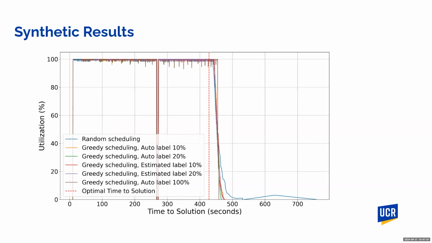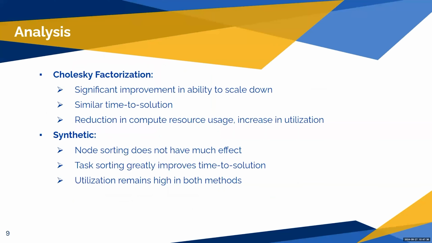You can see that random scheduling has a very long time to solution on average, due to the tail and the longer tasks being put at the end of the workload. There's very high utilization at the beginning, but once only a couple of tasks are running, that holds up the entire thing. But when you sort it, you see a much better time to solution, but the utilization remains primarily the same.